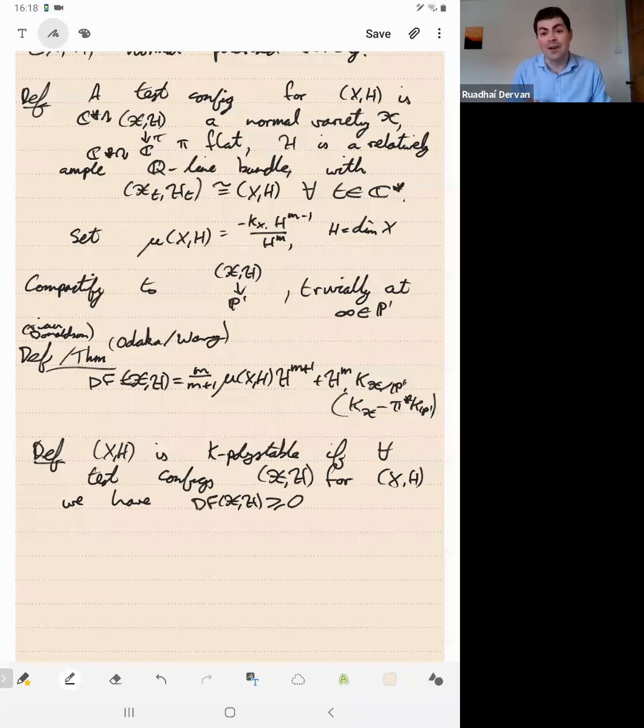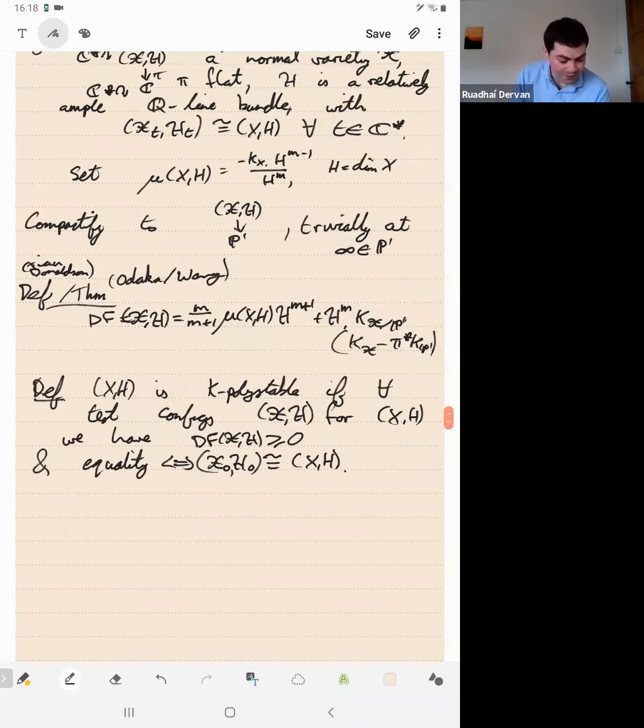And also we can characterize the equality case. So the equality case should only happen when the central fiber is isomorphic to (X, H) itself. I'm not saying that you actually get a C star action on X itself. So, in equality, the Donaldson-Futaki invariant is equal to 0 if and only if the central fiber (X_0, H_0) is isomorphic to (X, H).